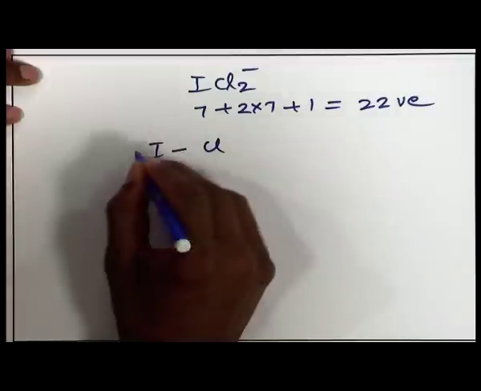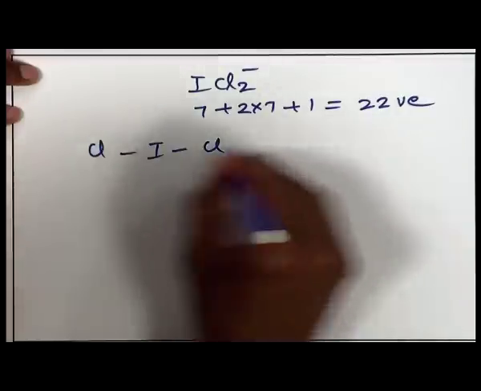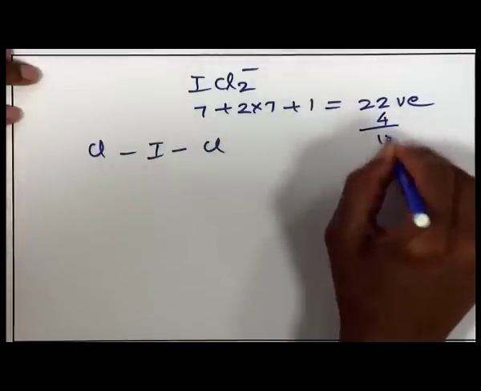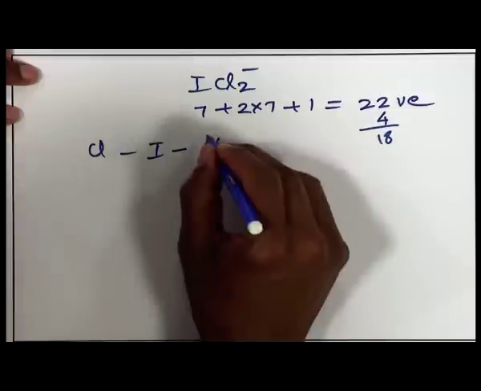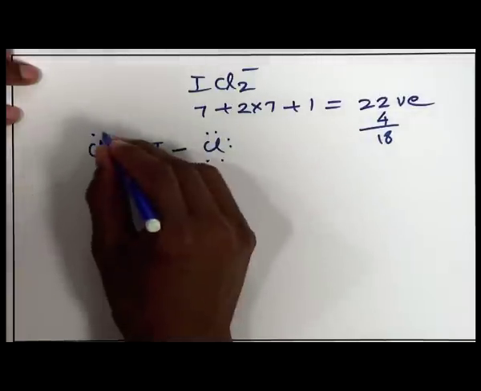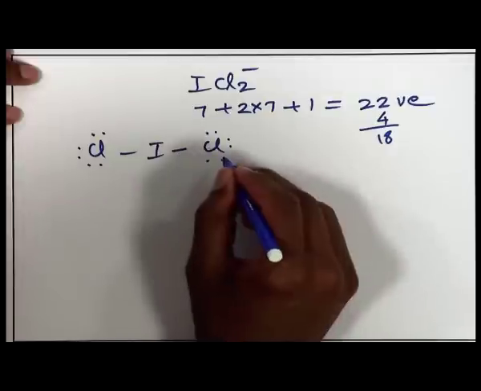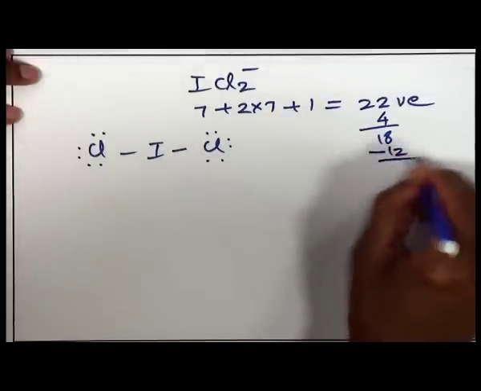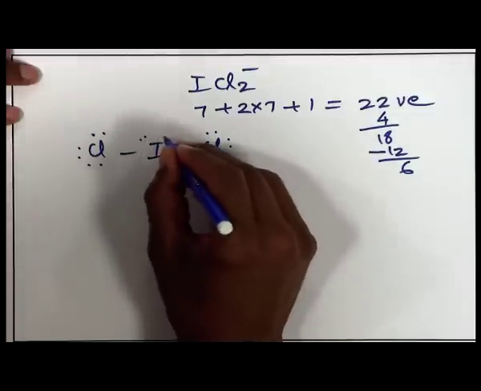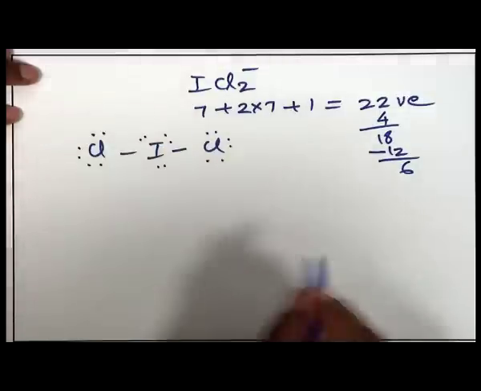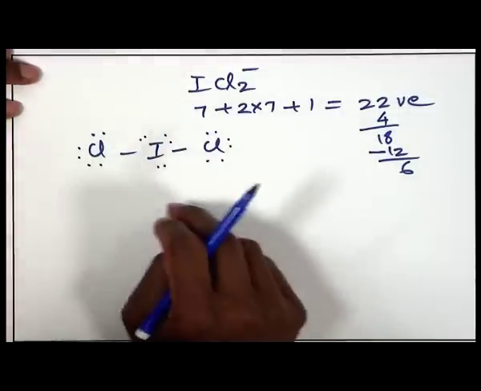Two chlorines here, there are 4 electrons consumed, the remaining is 18 electrons, and then you can give 18 electrons as pairs like that, and then 12 are gone, remaining 6, then you have to give here and here. So, now the total number of valence electrons will be matching.